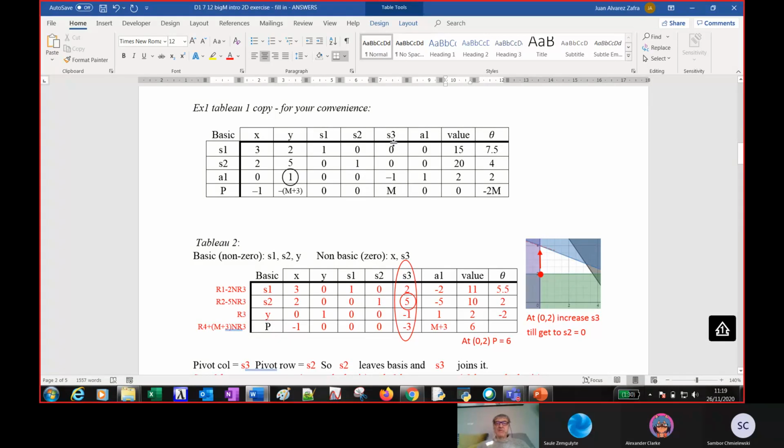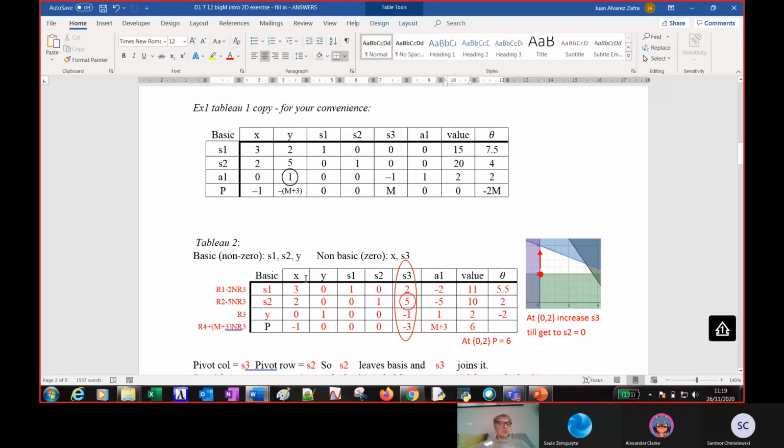For S3, we have 0, and because we're subtracting twice row 3, row 3 contains -1, and if you subtract twice -1, we're going to get 2. For the A1 column, because we're taking that row, subtracting twice row 3, we have 0, subtract twice 1 is going to give us -2. And then for the value 15, subtract twice 2 is going to give us 11.